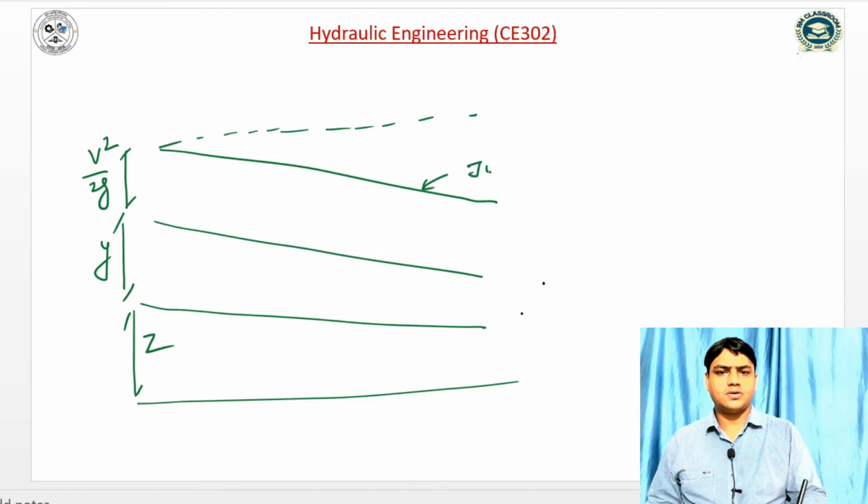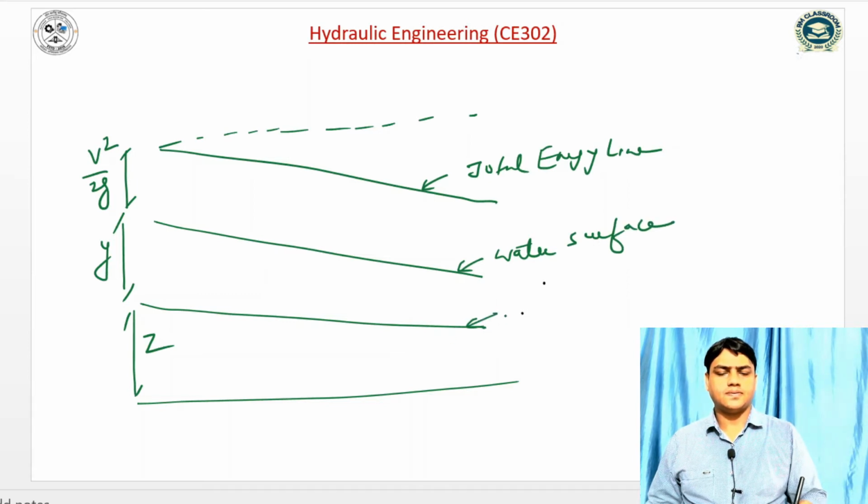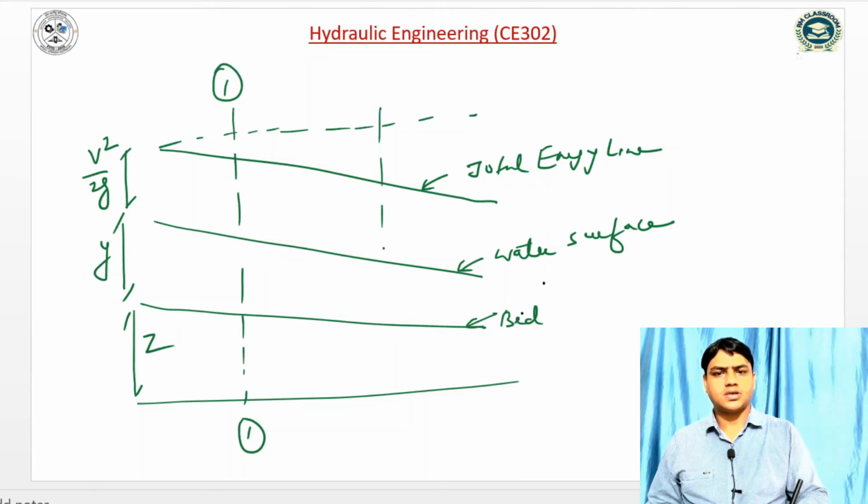This line is called the total energy line, this is the water surface, and this is the channel bed. At any section, let us assume this is section 1 and this is section 2.